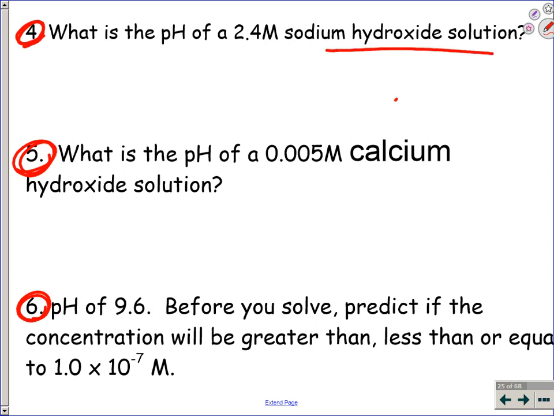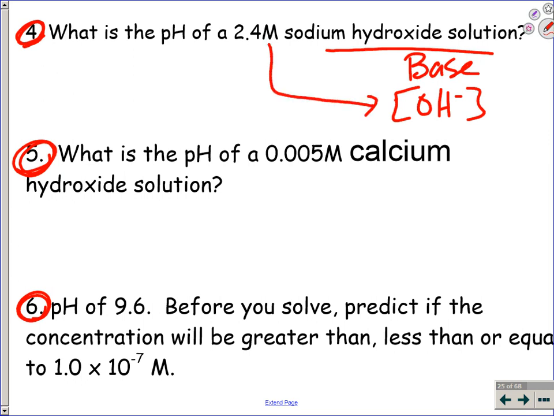So you should recognize that when you're provided with a base, it's immediately giving you the hydroxide concentration. Can you go directly from hydroxide to pH? No, there's no equation with OH and pH. So we go from here to pOH and then to pH. So that's a two-step process. Do not think that that is the H plus concentration.